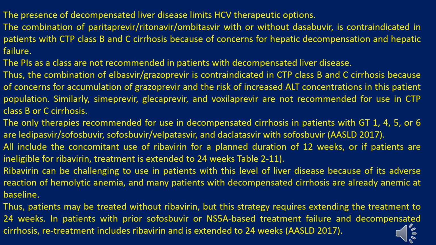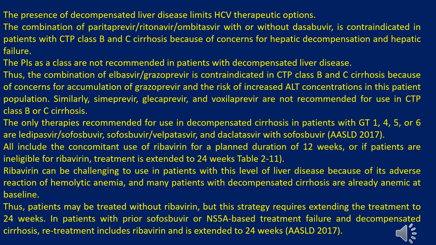The combination of paritaprevir plus ritonavir plus ombitasvir with or without dasabuvir is contraindicated in patients with CTP class B and C cirrhosis because of concerns for hepatic decompensation and hepatic failure. The PIs as a class are not recommended in patients with decompensated liver disease.